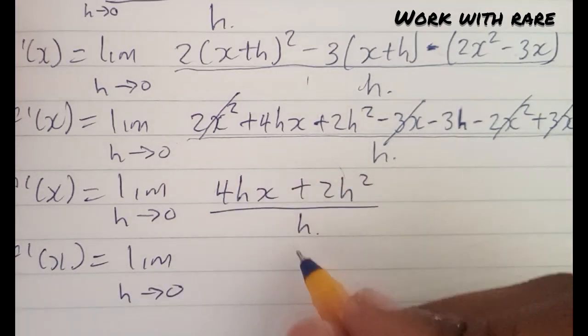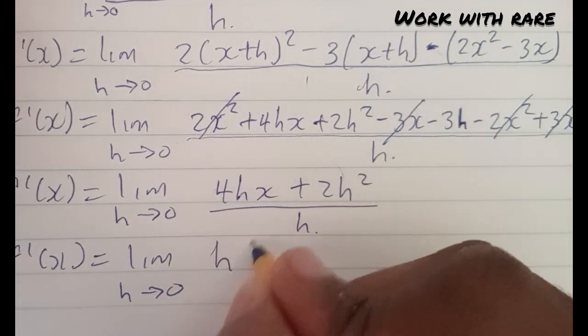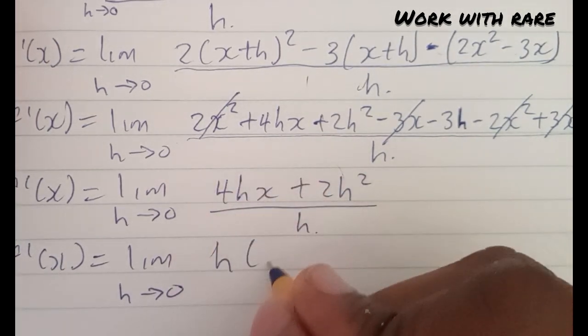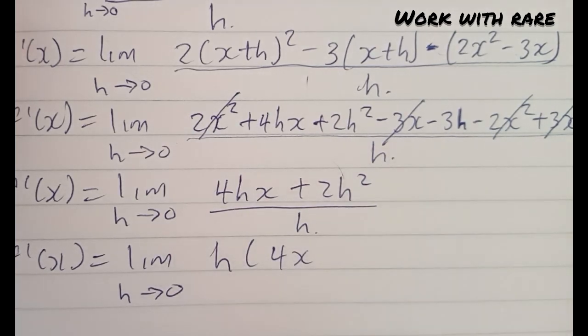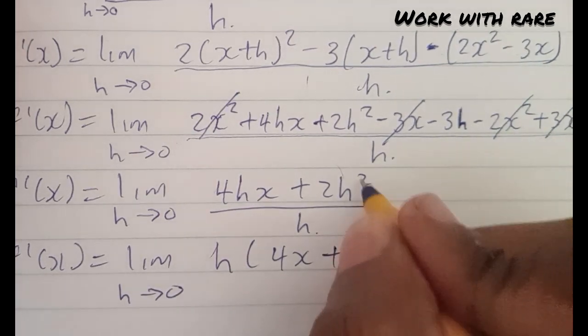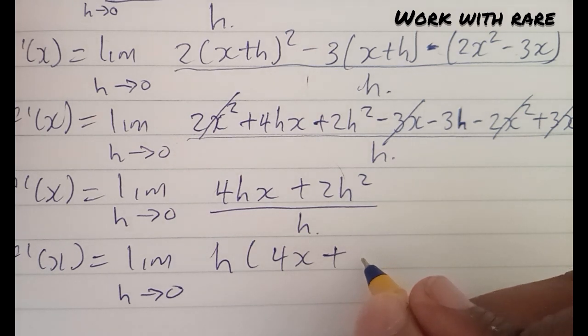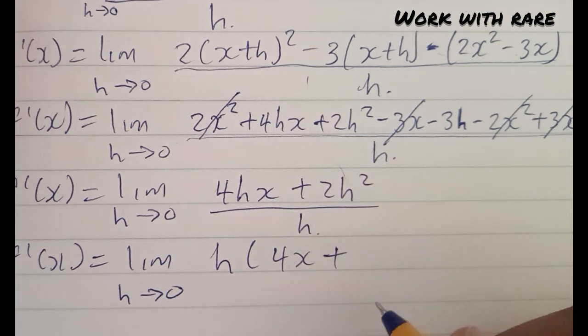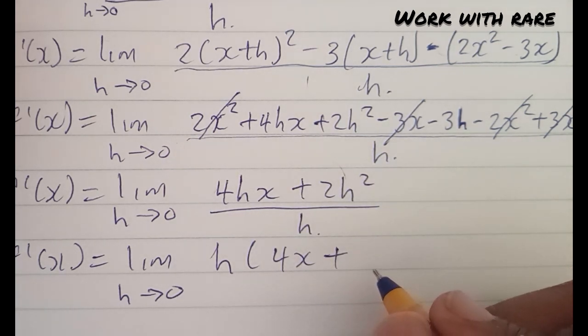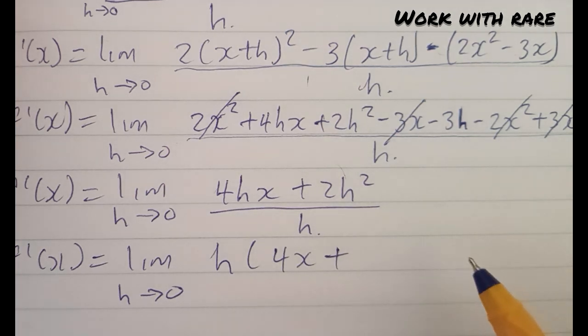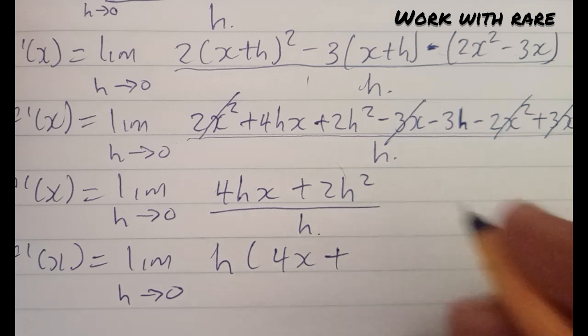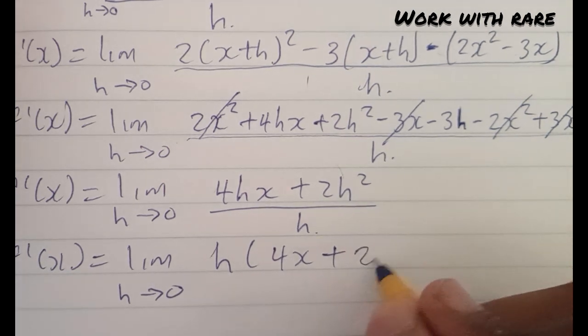Our common factor here is h, so I'll take h as my common factor. So here I'll remain with 4x plus 2h only.